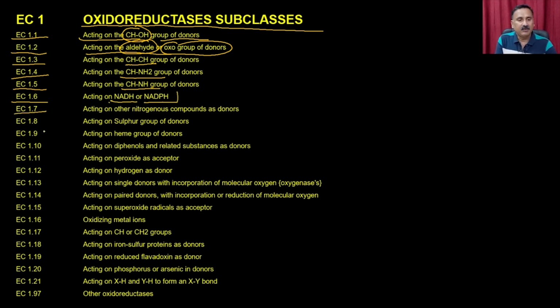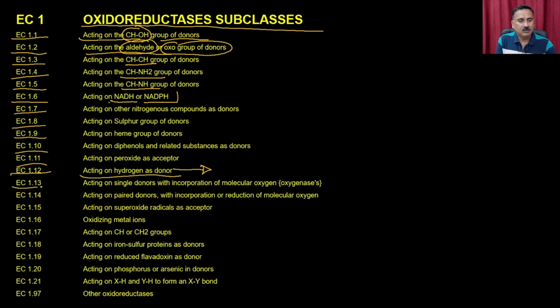Then we have EC 1.7, 1.8, 1.9, 1.10, 1.11, and all these are different types of enzymes which are part of these particular mechanisms, acting on different types of substrates. Then we have EC 1.12, which is acting on hydrogen as a donor, right?